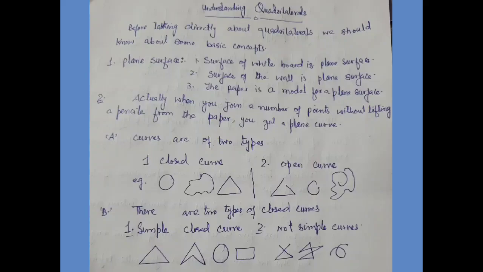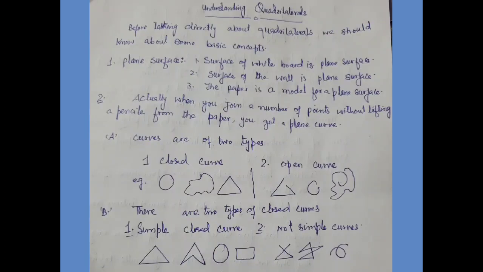Actually, when you join a number of points without lifting a pencil from the paper, you get a plane curve. So the question is here, curves are of two types. Number one, closed curves. Number two, open curves.